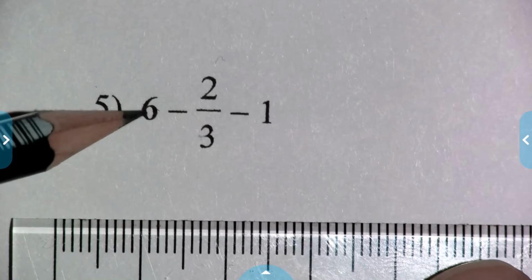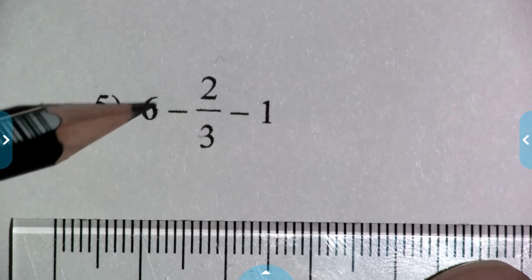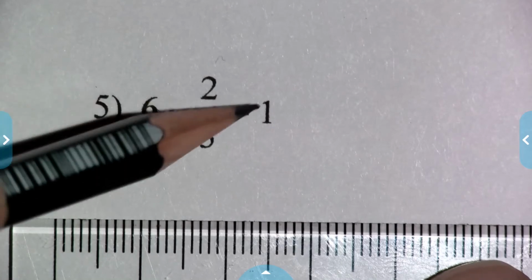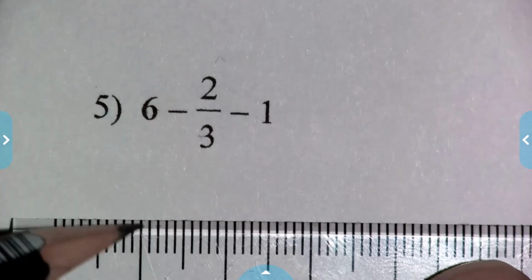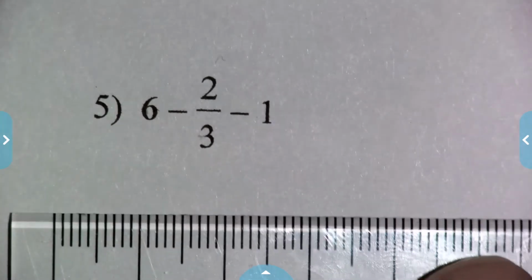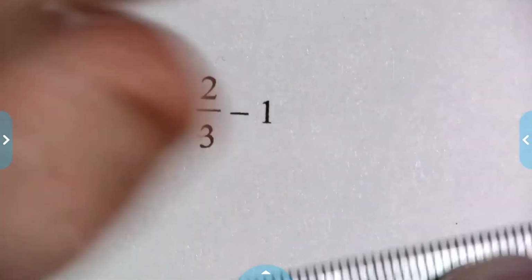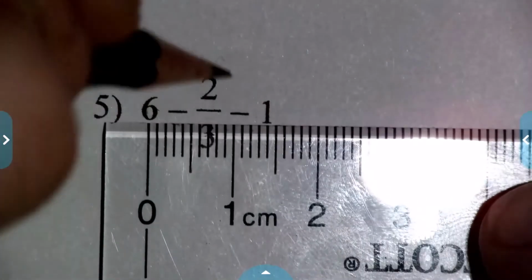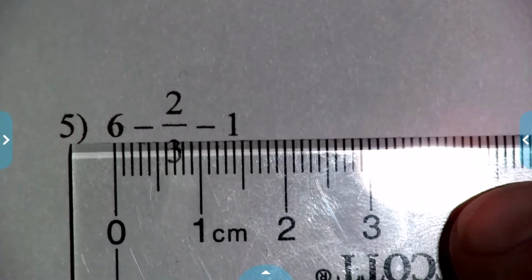So before we even begin, we need to convert 6 and -1 into fractions with 3 in the denominator. So it may be useful, in fact, it's crucial to remember that 6 equals 6 over 1.